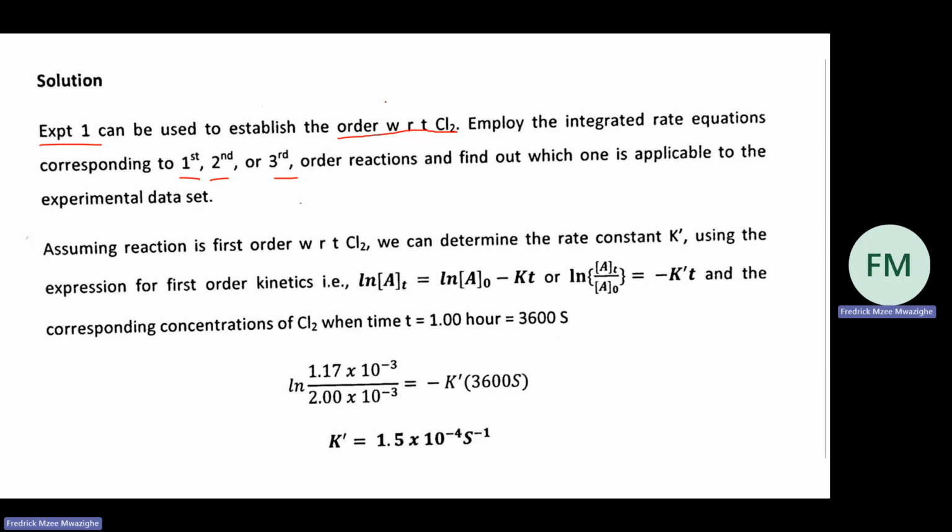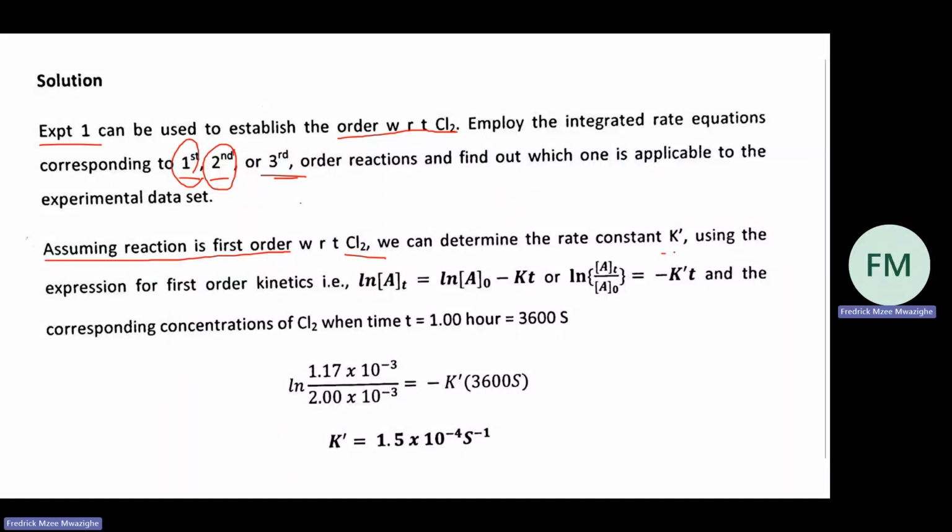If it fits with first order, then we would say it is a first order reaction. If it fits with second order, then it is a second order reaction, and so on and so forth. So the first assumption we make for the first experiment is that the reaction is first order with respect to chlorine. And this will help us to determine the value of the rate constant.